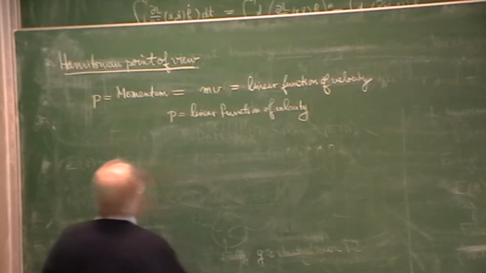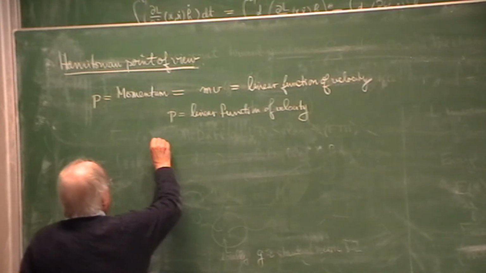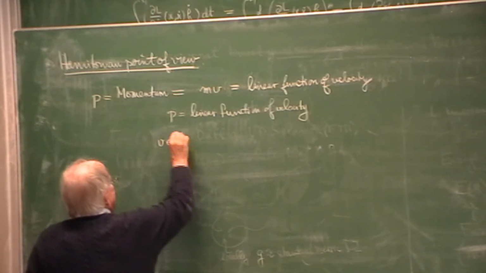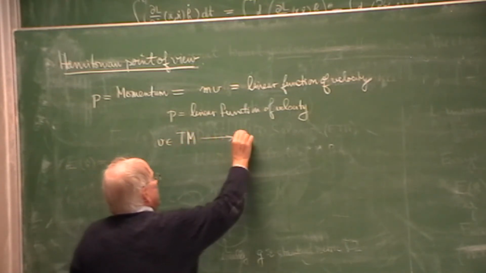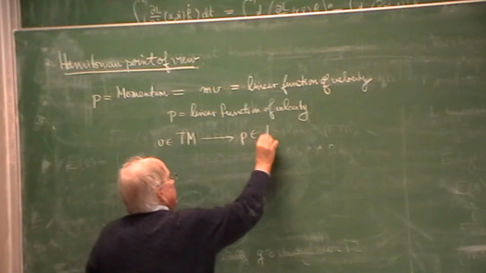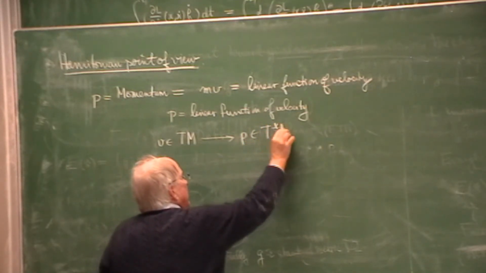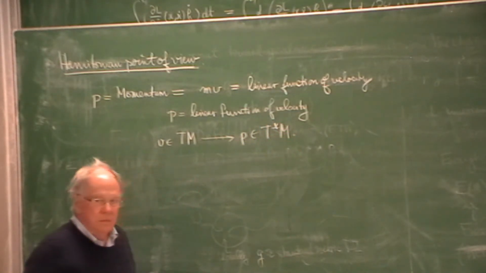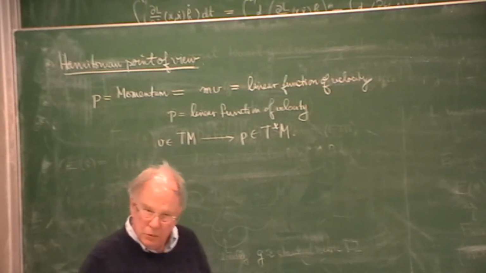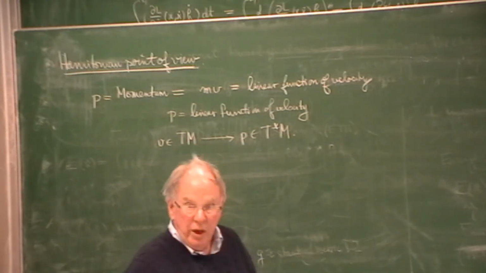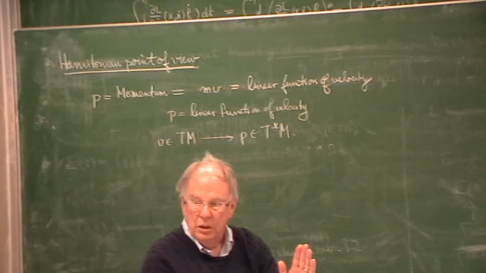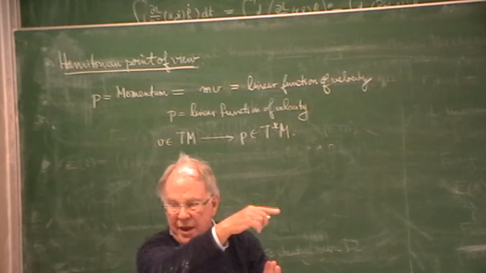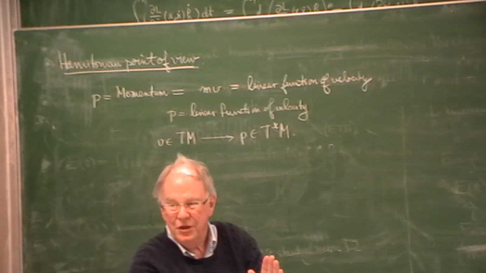So this means if I go from velocity in the tangent bundle, whatever that means, I should go to momentum in the cotangent bundle. Because fiber-wise, a velocity vector in one fiber is associated, maybe if I write m times v, a linear function.